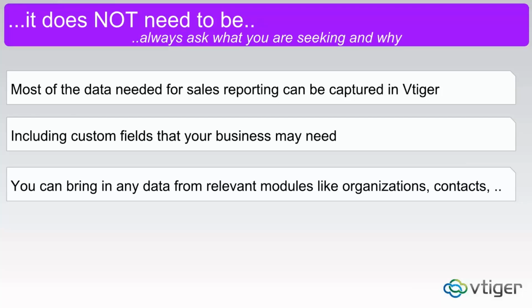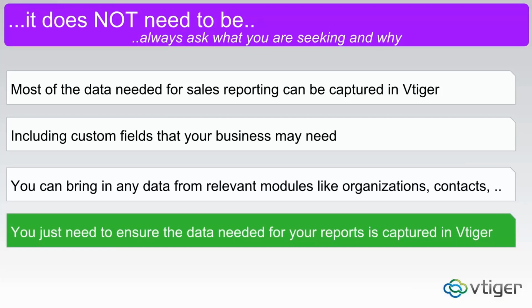But there may be fields relevant to an opportunity that are contained in an organization or a contact that you want to pull up into your report, which you can do with Vtiger. You just need to ensure the data needed for your reports is actually captured inside of Vtiger. If it's not inside Vtiger, then there is no way for us to expose the data for any kind of reports.